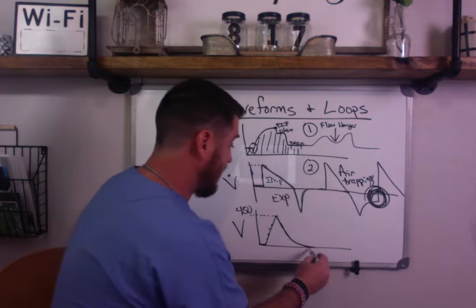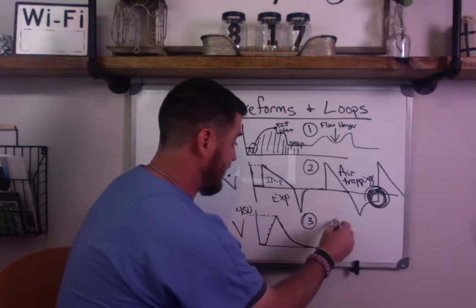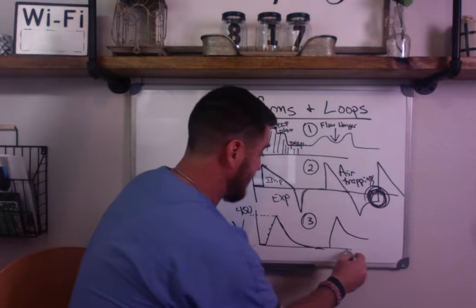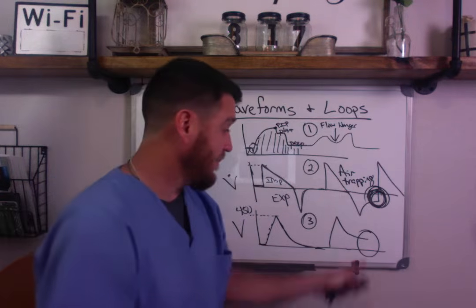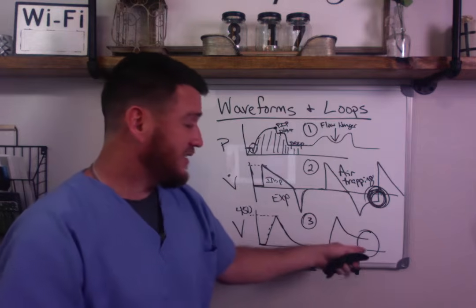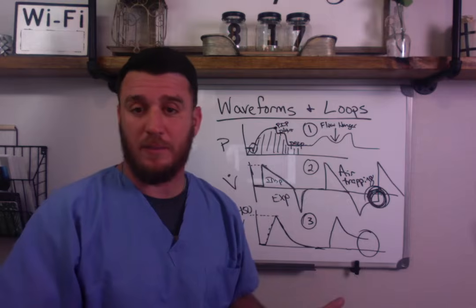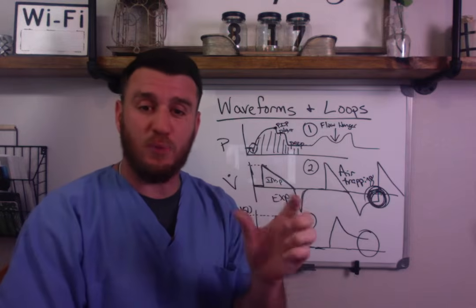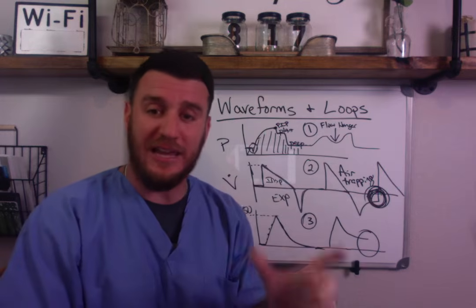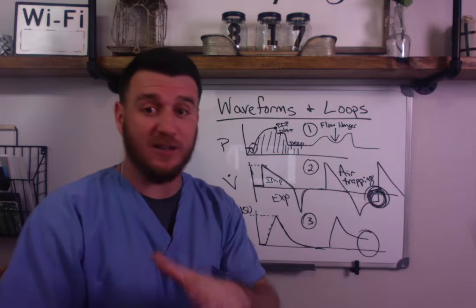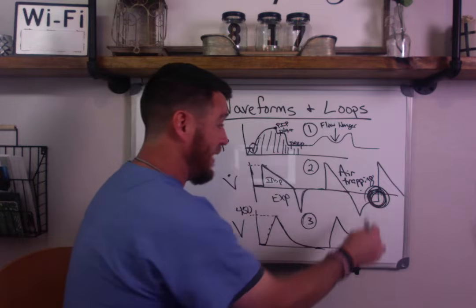Now, when we look at the volume, this is example number 3. Volume comes up and it doesn't return to baseline. Now we have a problem down here. This is dependent on a couple of things. There's one of two problems that's happening. You either are air trapping or you have a leak. Here's how you tell the difference. Look back at your flow waveform.